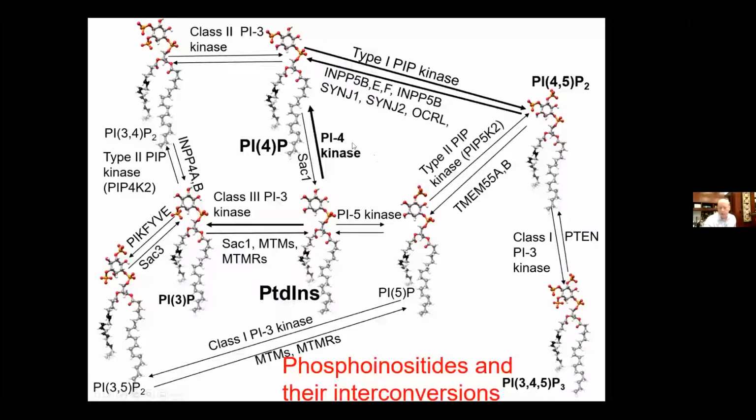And so these interconversions are constantly going on in our cells, and these enzymes are present in virtually all of our cells. And a number of these, especially some of the phosphatases, such as INPP5E, synaptojanin, OCRL, have been known to be associated either in human patients or in animal models with retinal disease.